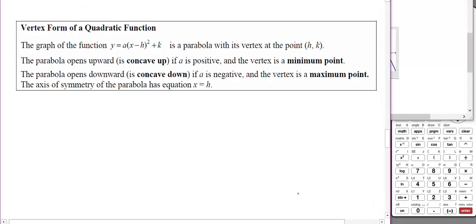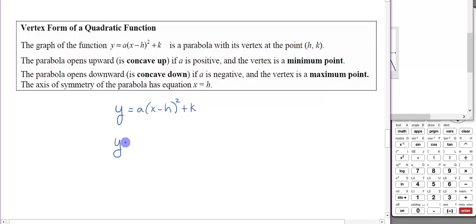Vertex form of a quadratic function is simply a different form that these could be given to you, and it's actually a helpful form because it could be used also as a formula. When it's written this way, where a is in front, and then you have x minus some number, quantity squared, so a binomial squared, plus some other number, that's vertex form.